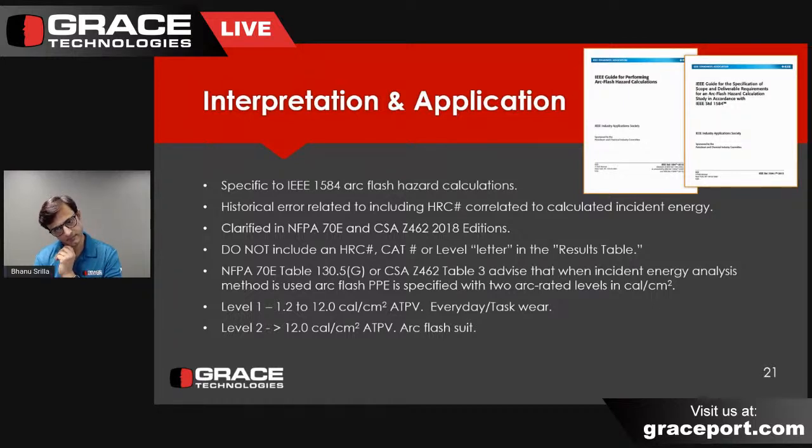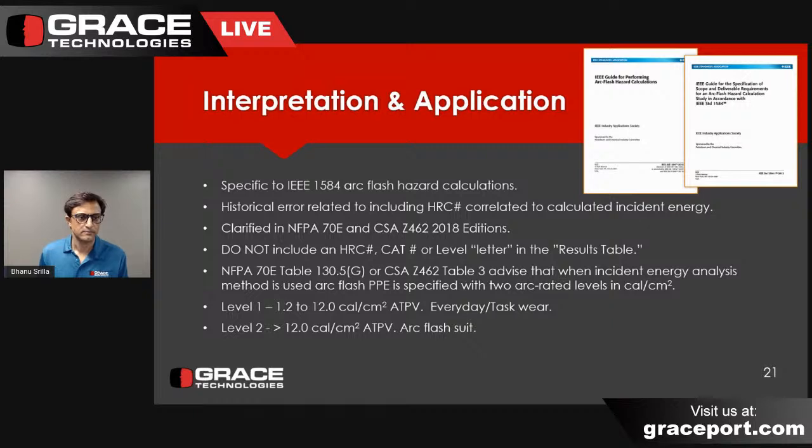So again, we want to clarify that when you do incident energy analysis using IEEE 1584 or other formulas, you do not have HRC numbers, category numbers, level numbers, or some other invented way of equating the incident energy to some value. It was never technically acceptable to IEEE 1584.